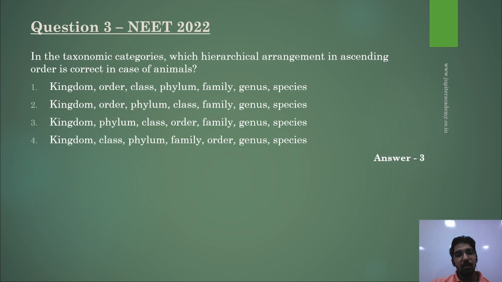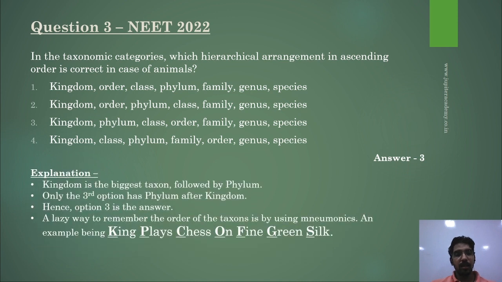Phylum. Only one option gives you the correct answer, whereas all the other options give you a wrong answer. In option 1, after kingdom it's order; in option 2, after kingdom it's order; in option 3, after kingdom it's class. Only the fourth option says that after kingdom the second is phylum. Hence that option is the answer. We can deduce it so easily.